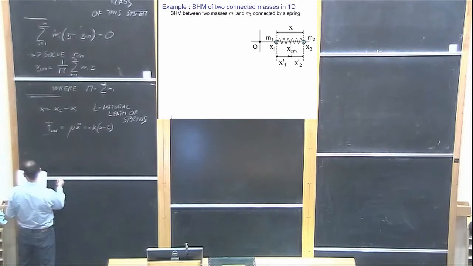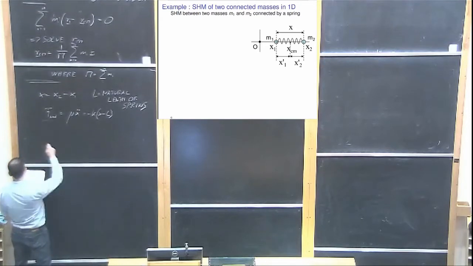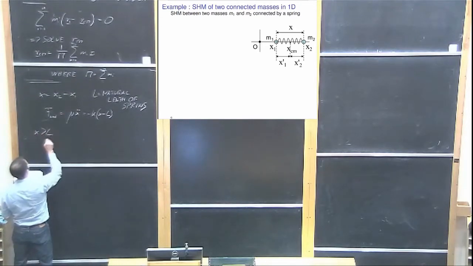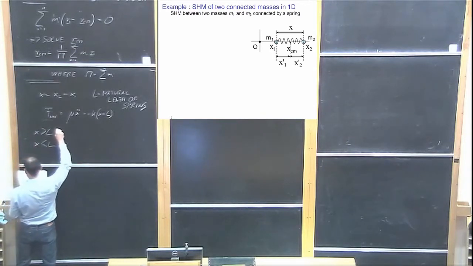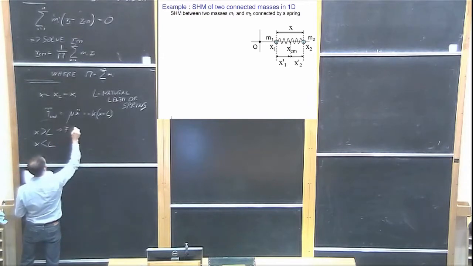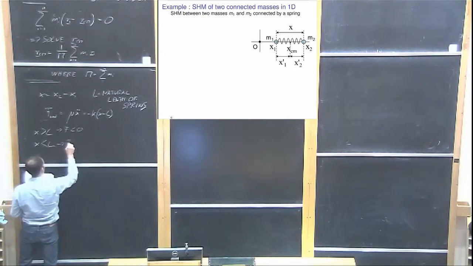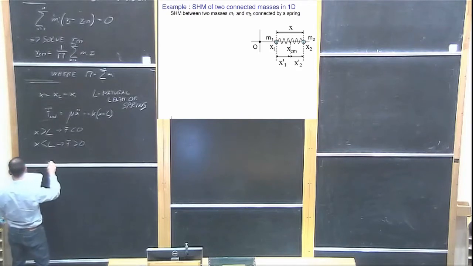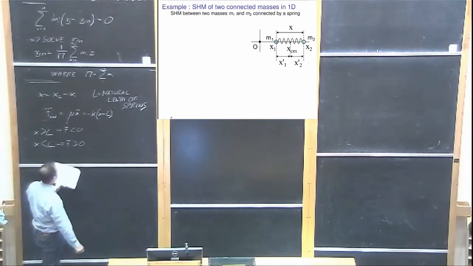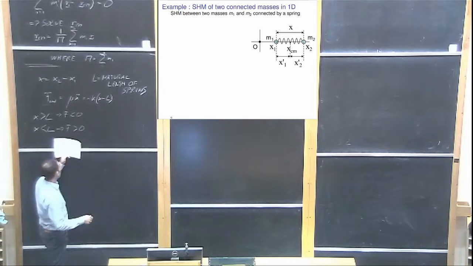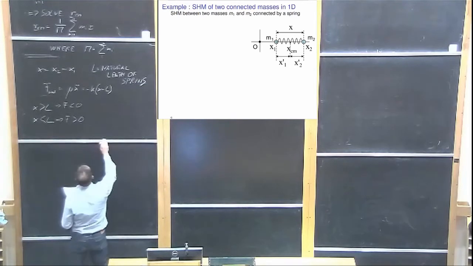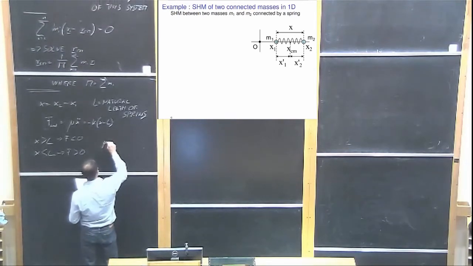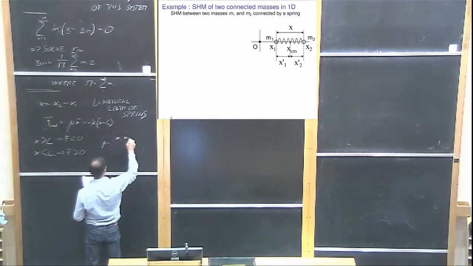So if x is larger than L, the force is smaller than 0, and if x is smaller than L, the force is larger than 0. So you always have this kind of forcing back to its original length. And mu equals m1 m2 over m1 plus m2.